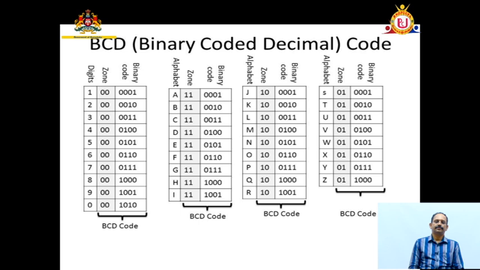You can see there are 10 binary codes and the zone bit is the same for all those binary codes, and for the next 10 binary codes, the zone bit is different, and it goes on. This is how the 6-bit BCD code is used to represent numbers, alphabets, special characters and punctuation marks.